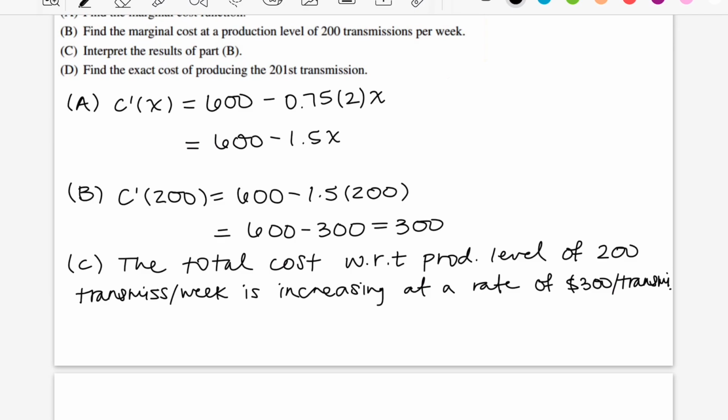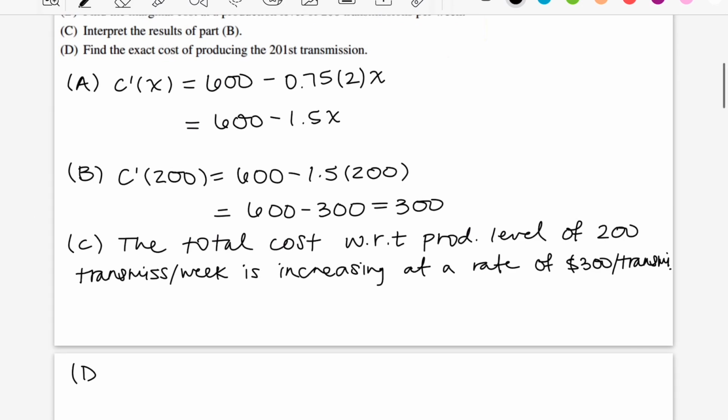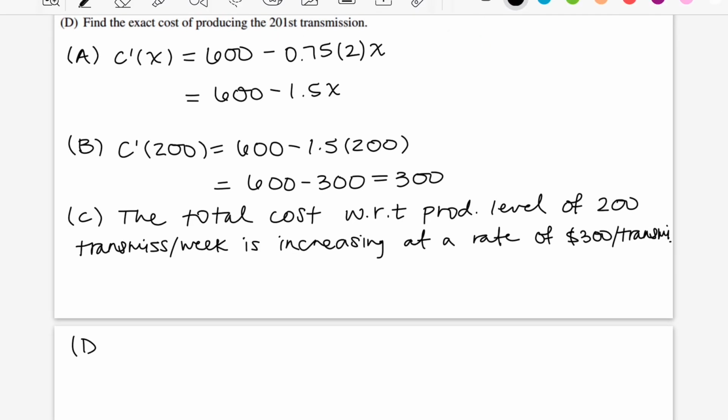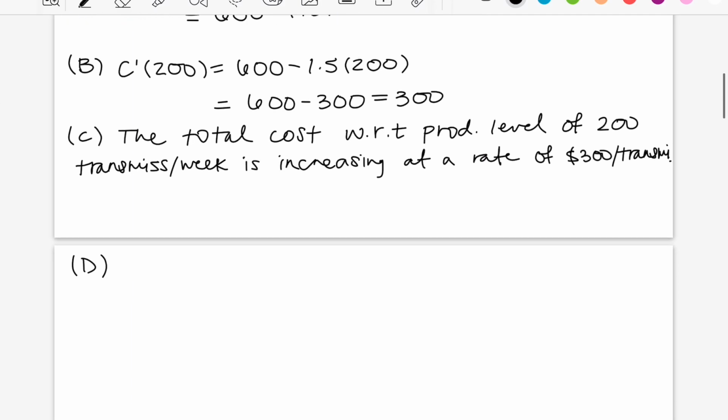Now for part D, we're asked to find the exact cost of producing the 201st transmission. Now, before we get into that, I want to put a note here.